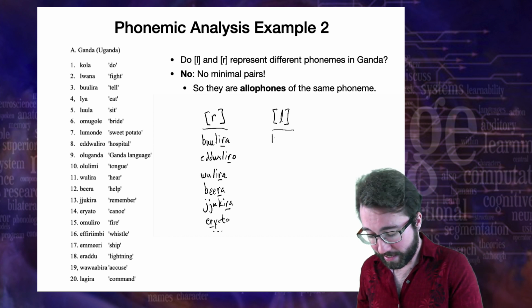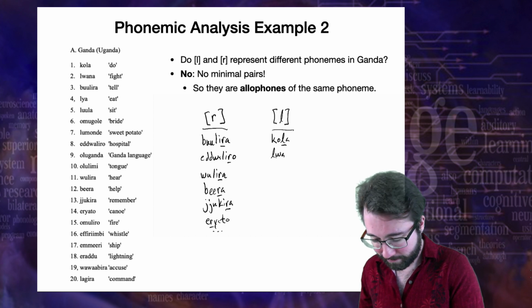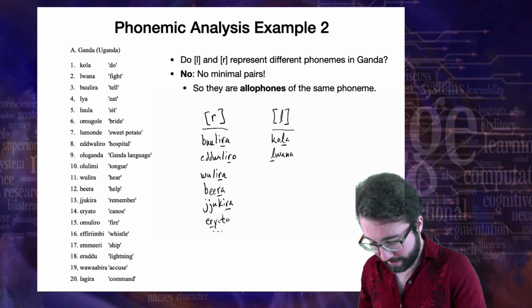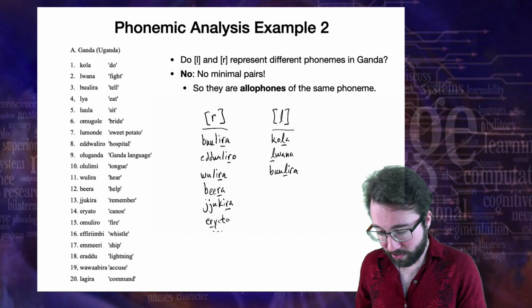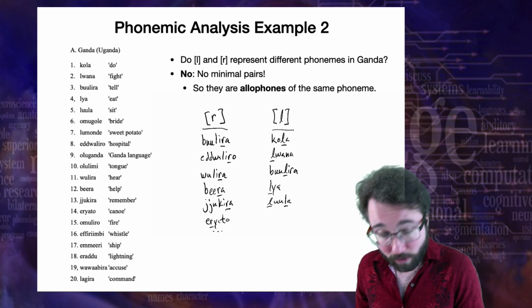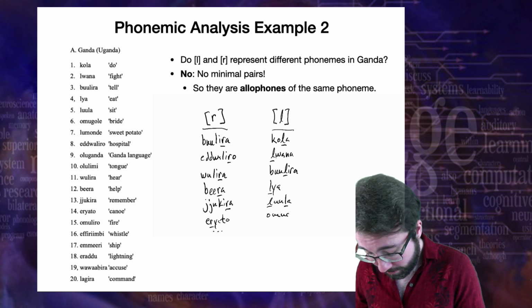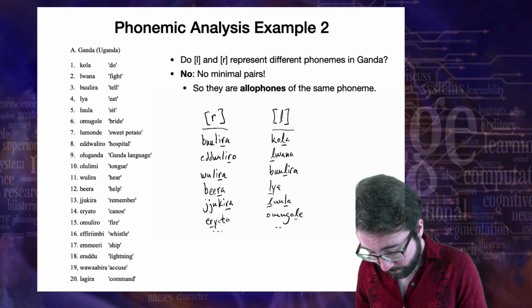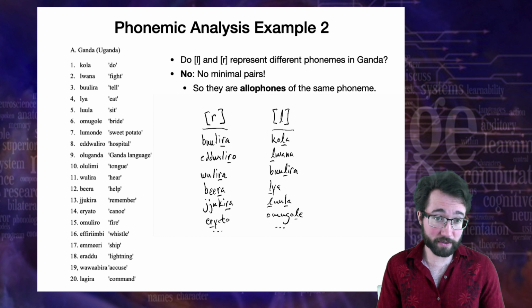So that shows up in words like cola, in words like Luana, in words like bulira, which also shows up in the other list as an example of the R. And it shows up in words like lua, in words like lula, twice, and words like omugole, and again, so on and so on. You can list them all out. In fact, this set is enough to figure out what's going on there.